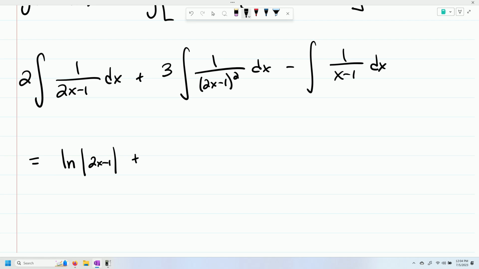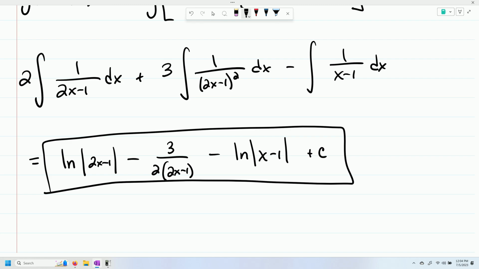Plus, once again, you would have to use u substitution here. So this is actually going to be a minus 3 over 2 times 2x minus 1, minus the ln of x minus 1 plus C for a final result.